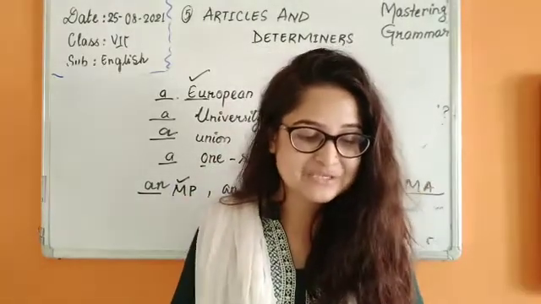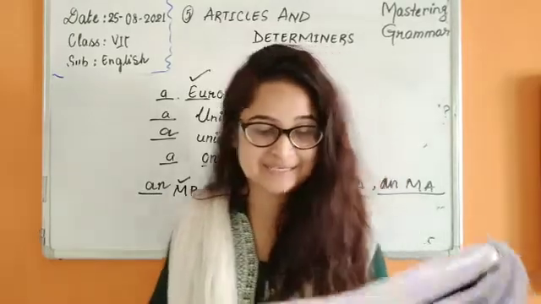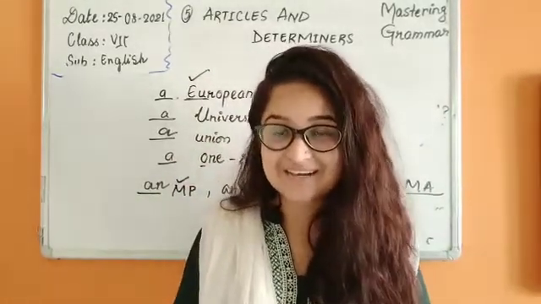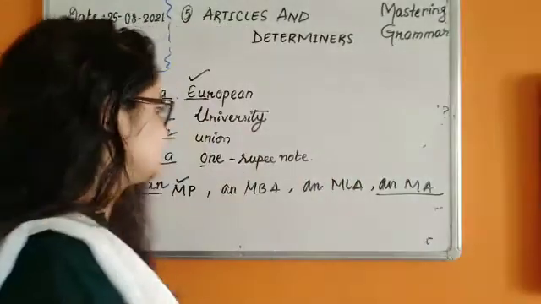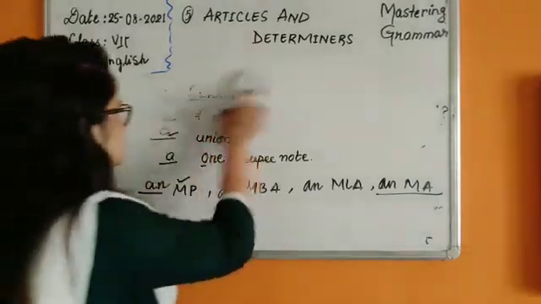Now we have the first exercise. Tick the correct options to complete this sentence. The sentence is here. So we will have to pick out the correct article that will help us complete the sentence. So let's begin. You will find this exercise on page number 41 of your book.